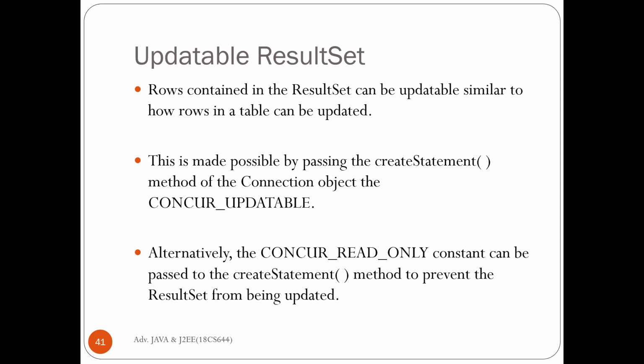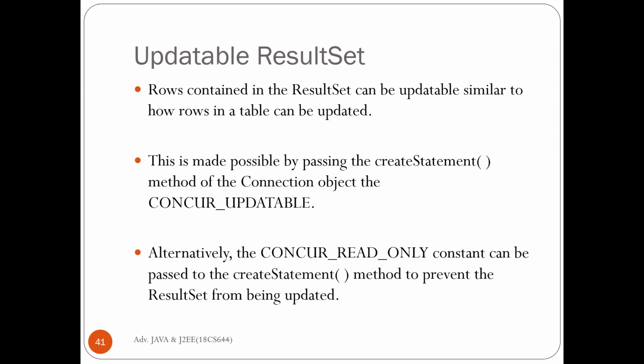These were the three constant parameters which we can use in the creation of the statement object, so that we can restrict the virtual cursor movement to either forward only or in forward and backward directions, and to make it sensitive or insensitive to the changes made to the underlying data.